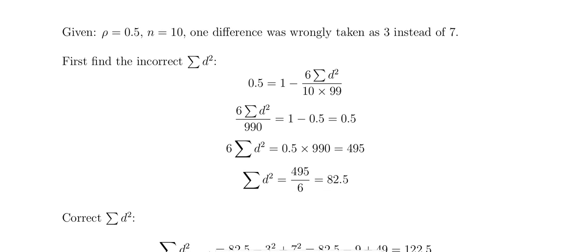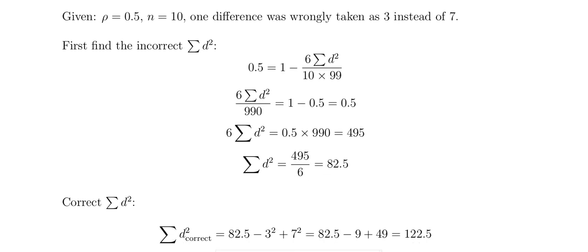And rho equal to 0.5, n equal to 10, where one difference was wrongly taken as 3 instead of 7. Then find the correct one. First of all, find the incorrect summation d square. So 0.5 equals 1 minus 6 into summation d square divided by something. From this, moving the rho to the other side, we find summation d square, which is the incorrect summation d square.